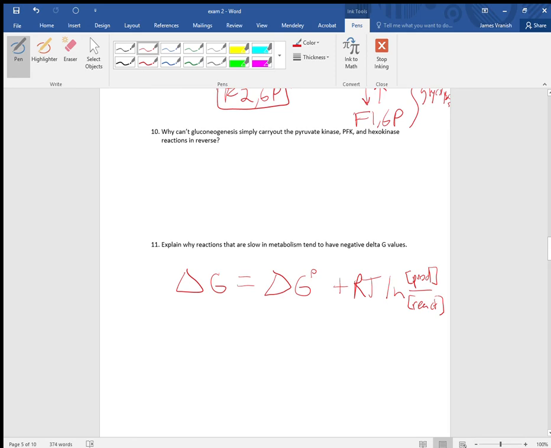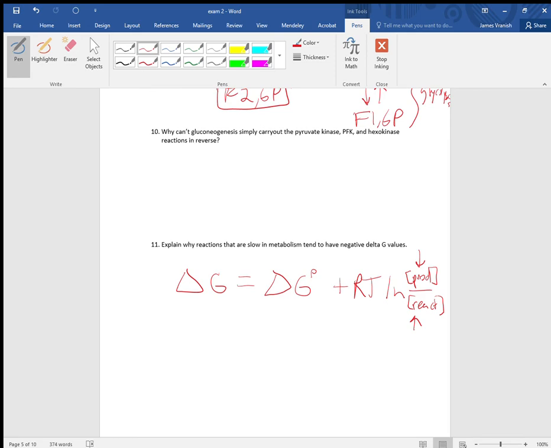So if a reaction is slow, you'll tend to have a lot of reactants laying around because the reactants are going to build up because the reaction is not occurring very fast. You also tend to have a low level of products because, again, the enzyme's not making products very quickly.